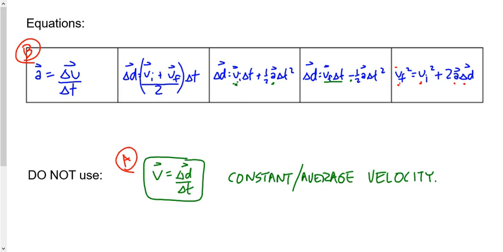If it doesn't work, try another one. Now these equations can be a little bit ugly rearranging, uglier than the equation v equals d over t that we've already learned how to rearrange. I want to spend a few minutes rearranging a couple of these, going through the steps, and then hopefully you can transfer those steps to the other equations that you might need to rearrange.